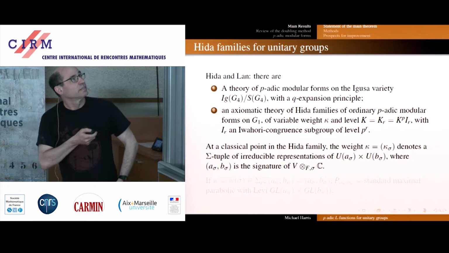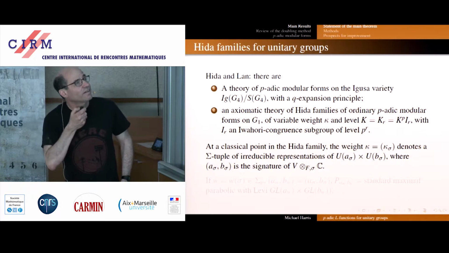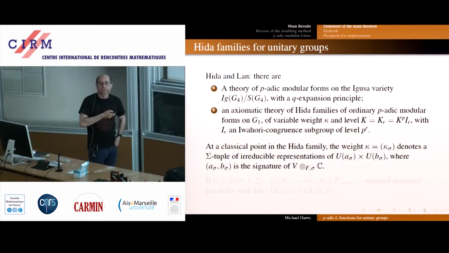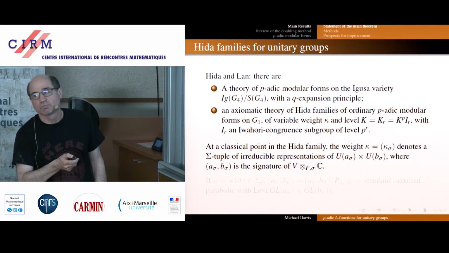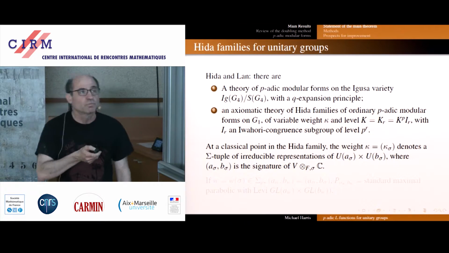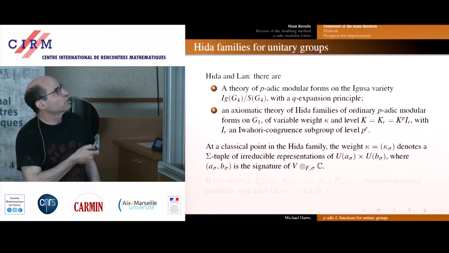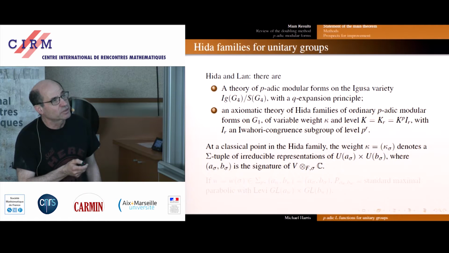These are all standard. So a classical point in the Hida family is another name for an automorphic representation. Then kappa has an index sigma, which corresponds to the CM point in the CM type. It's a sigma-tuple of irreducible representations of the corresponding maximal compact subgroup.